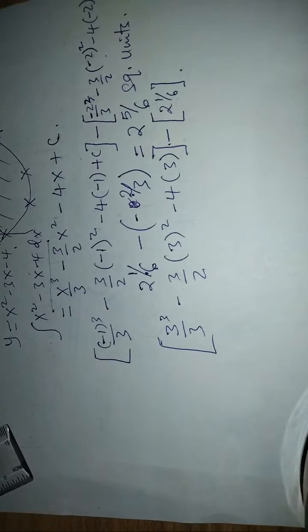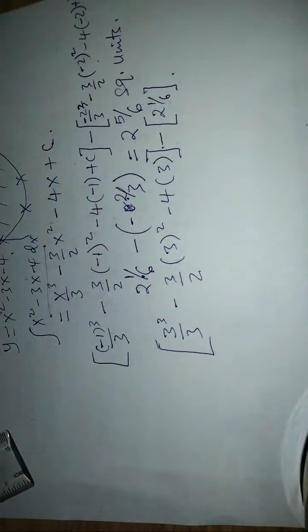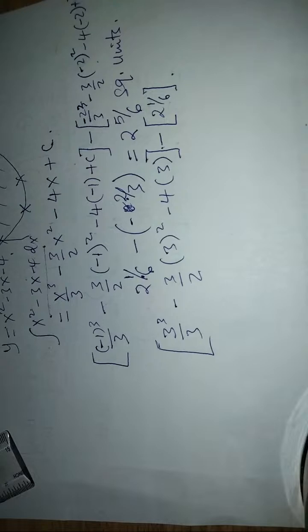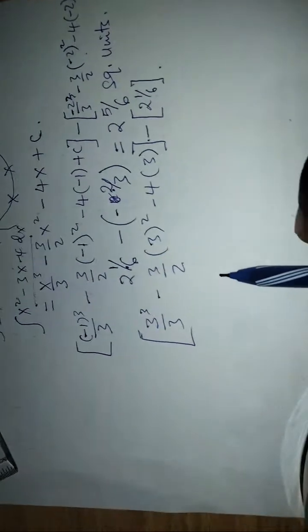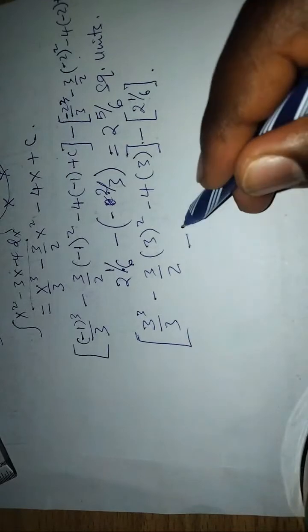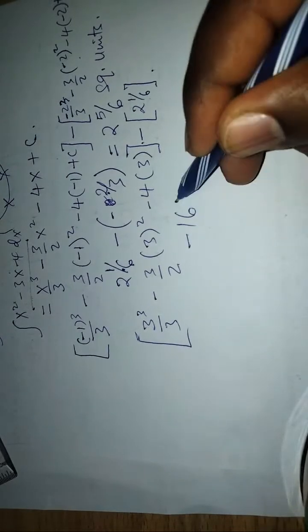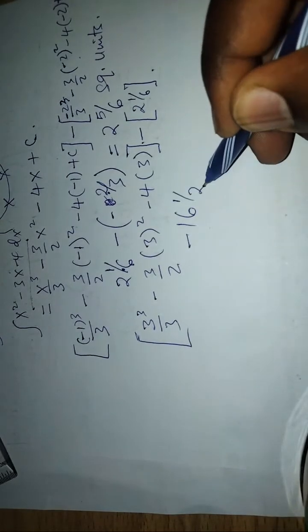3 power 3 divided by 3 is 9. Then I subtract 3 out of 2 into 3 squared minus 4 into 3. So this is going to give me -16 and 1 out of 2.